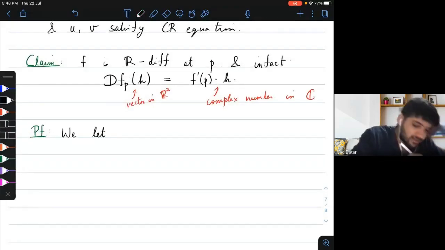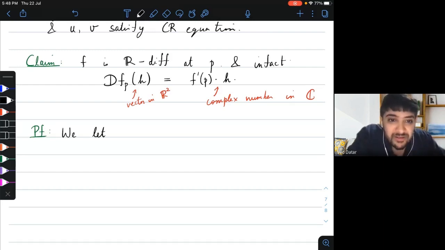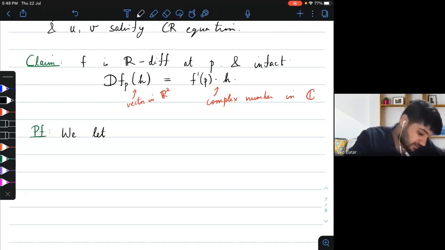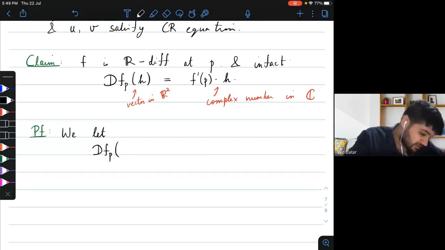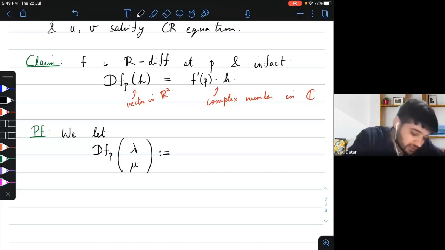Okay, so we let, right, so how should I write this? We take this as a definition. The definition is basically just that this is the Jacobian matrix acting on (lambda, mu).